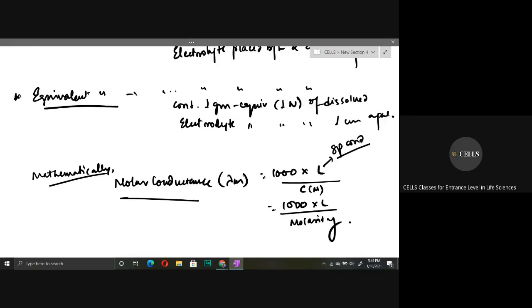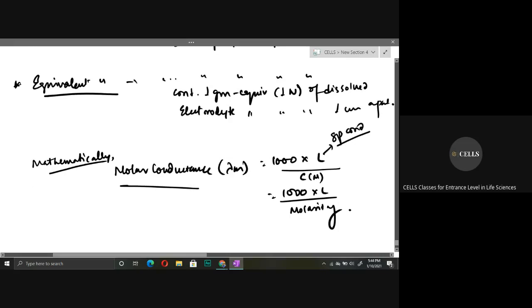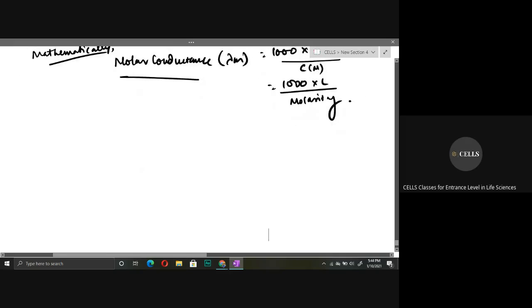Now, for equivalent conductance, what will be the formula?